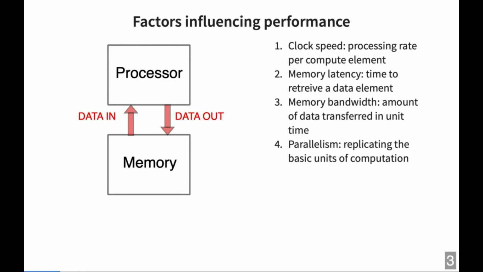But there's then also the issue of moving data in and out of memory. So there are two different strands to this. The first, which is point 2, is memory latency. So if I am sitting on the processor and I ask for a new piece of data from memory, there is a latency, there is a time cost to go out to memory at all and retrieve a piece of data.